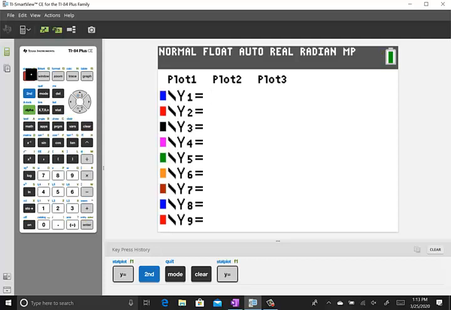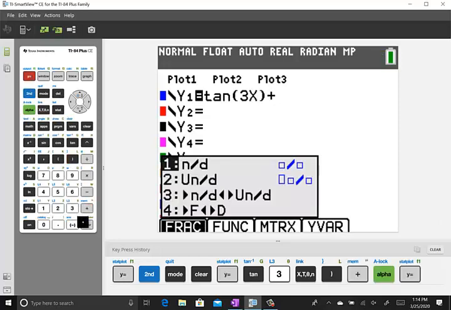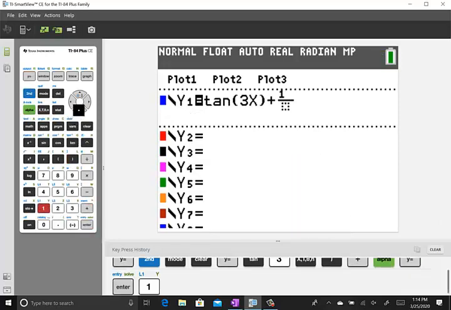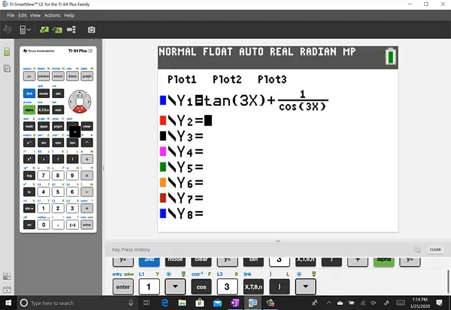So we have tangent 3x, and then we close out those parentheses, plus 1 over cosine. So alpha y equals enter. We have 1 over cosine 3x. And then y2 is the right side of the equation, which was equals 2. Awesome. Now we hit window.